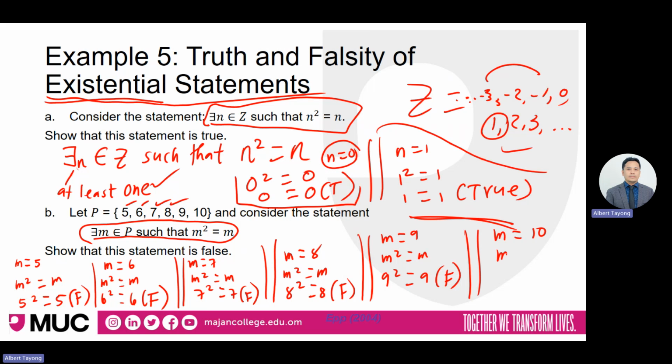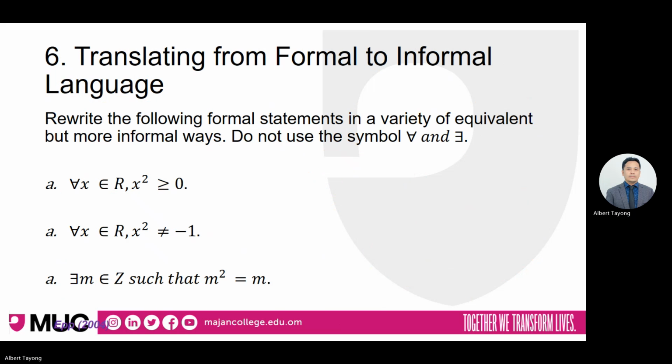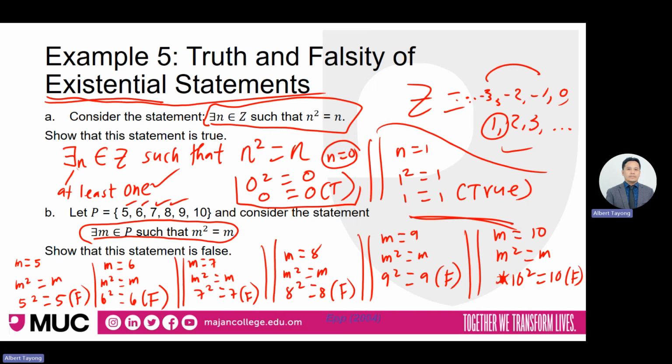The last one, we have 10 squared equals 10, false again, because 100 is not equal to 10. So we have proven that this statement is false because all are false.